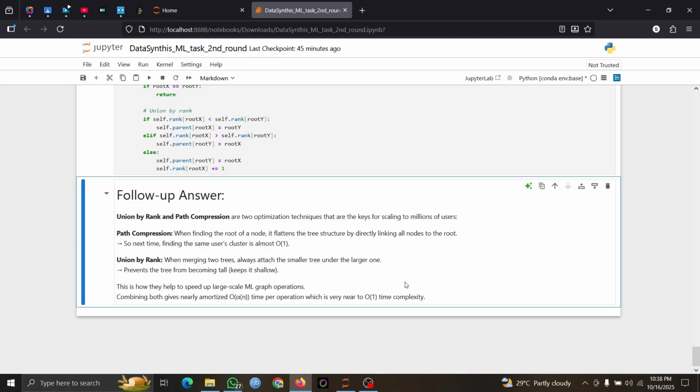It prevents the tree from becoming tall. So if we combine both techniques, it gives nearly amortized time complexity of O(alpha(n)) per operation, which is very near to O(1) time complexity, which is faster than even O(log n) time complexity.